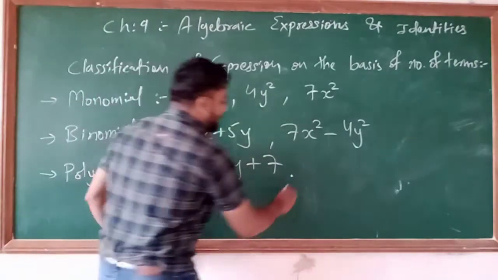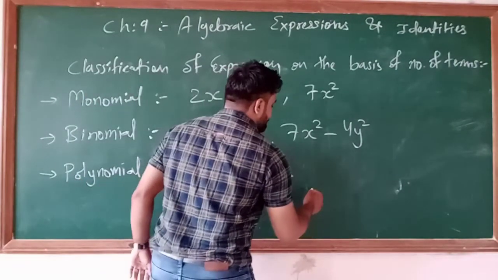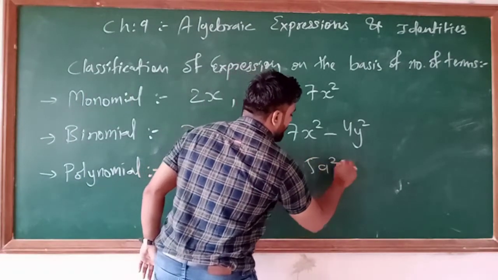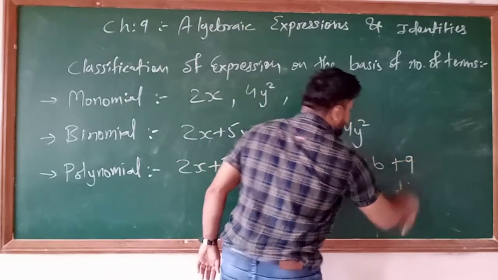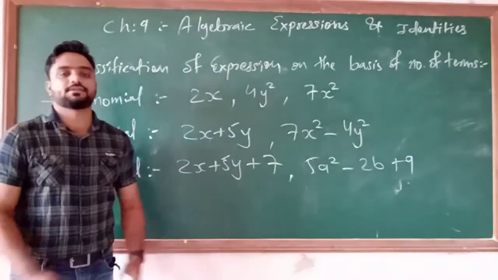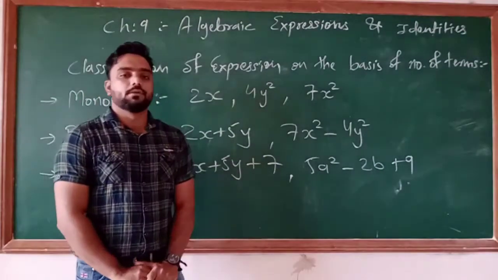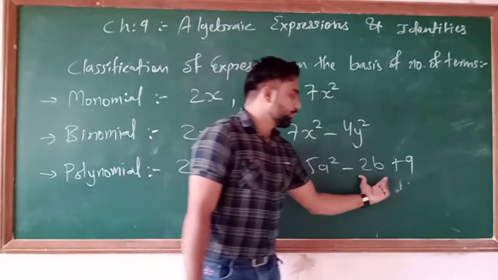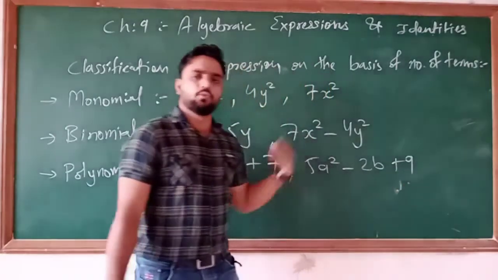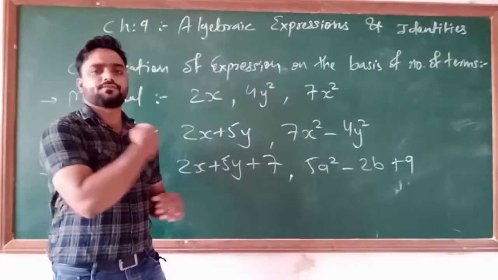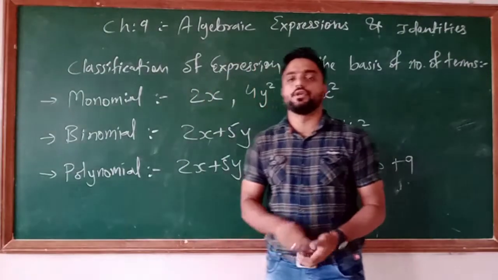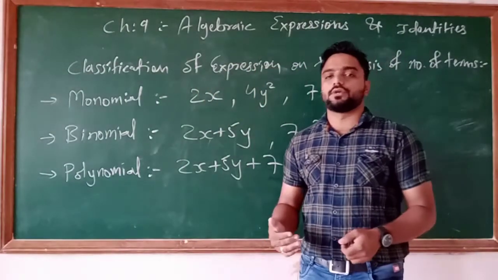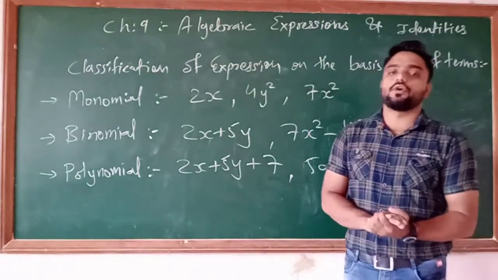Suppose I am writing another example, 5a square minus 2b plus 9. Just see here, how many terms are there? It is 1, 2, 3. You can take more than 3 also, 4 terms, 5 terms, whatever may be the number of terms. So all the expressions containing more than 2 terms are called what?